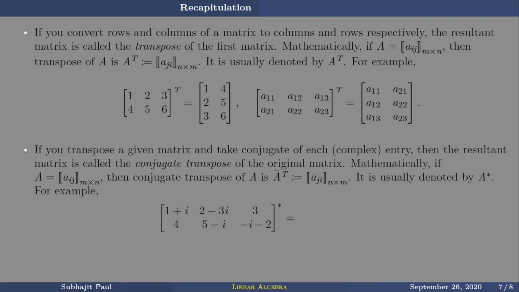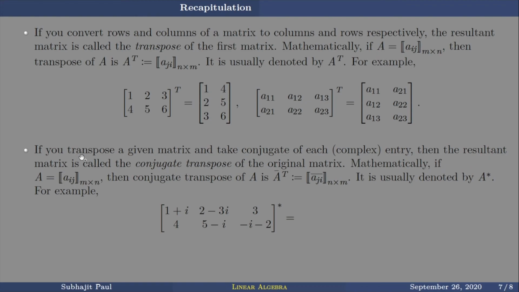All these things, this transpose, this conjugate transpose, are invented for their particular purpose. We will see the particular purpose in due course. To get the desired result, we want to take the conjugates of the entries as well.